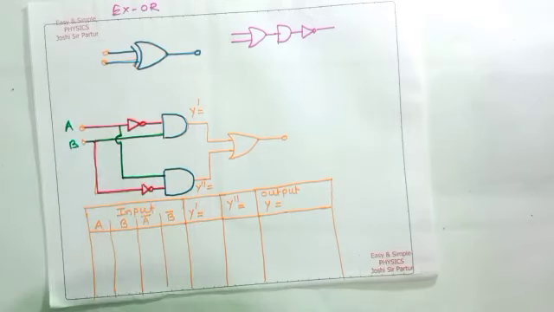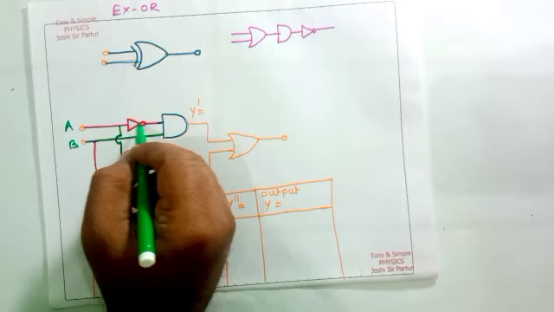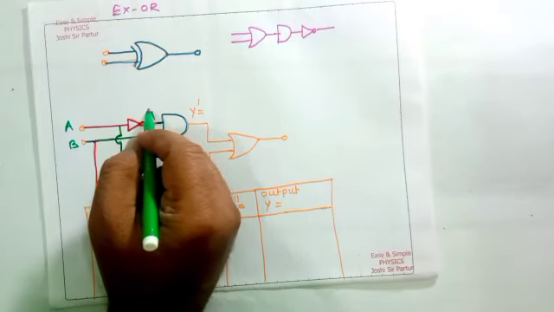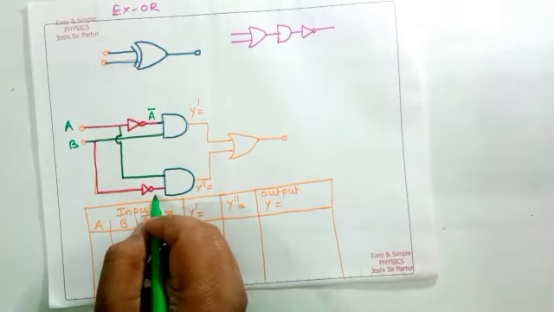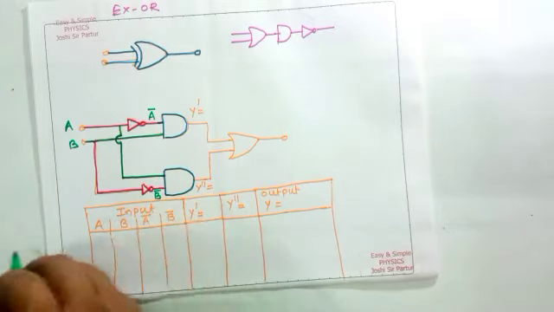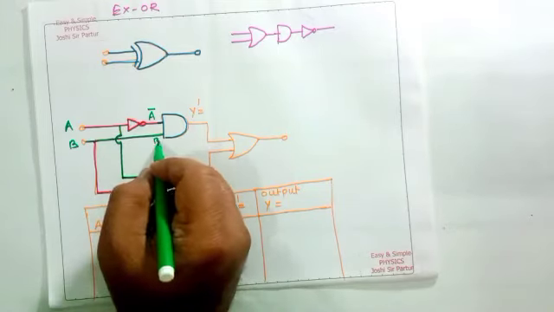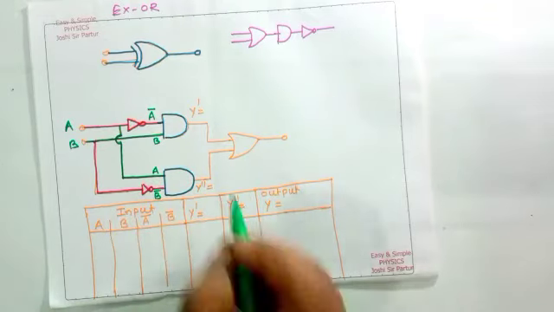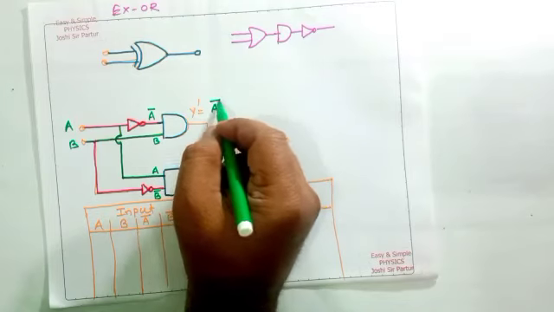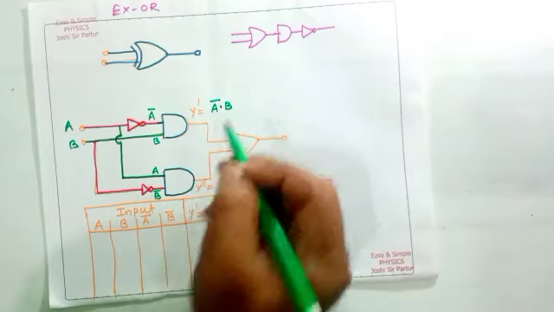One will be Y dash and another will be Y double dash. See here, using the NOT gate, the complement of A will be input. Here the complement of B will be input. Here B is there, A is there. So Y dash will be complement of A and B.